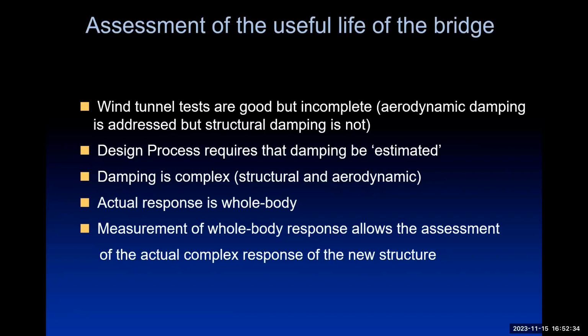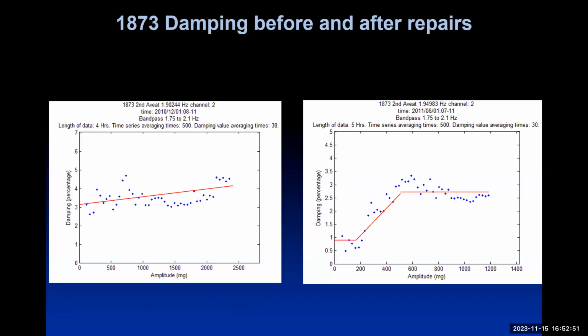So the measurement of whole body response allows the assessment of the actual complex response of the new structure. But of course, you can't do that when you have a wind tunnel before building of a bridge. But it's as well to check it after it is constructed.